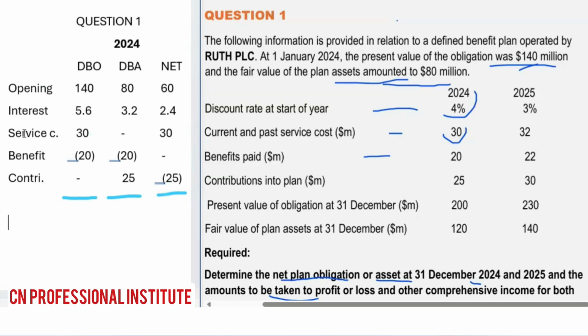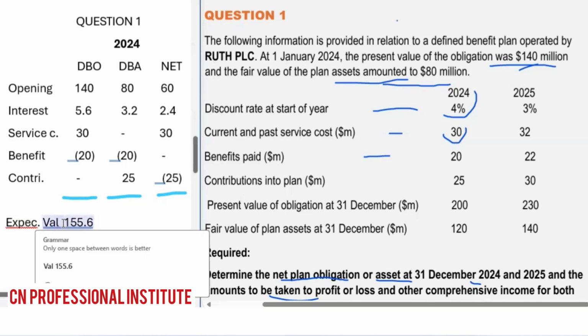So the expected value is 155.6 for the obligation.